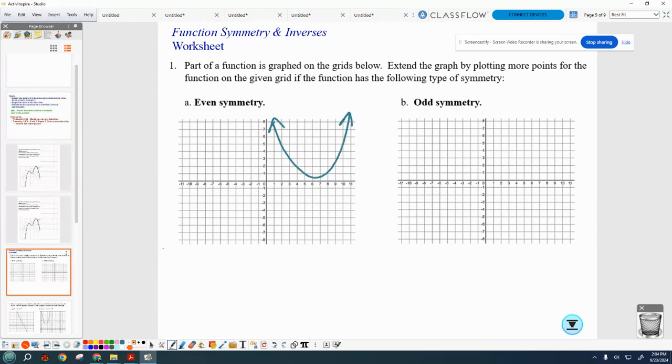The arrows point the same way. Is it even? If I fold this over, does it land on itself? No. So this is something that has a squared on it, it has an even power, but it's not an even function, because even functions are more special.